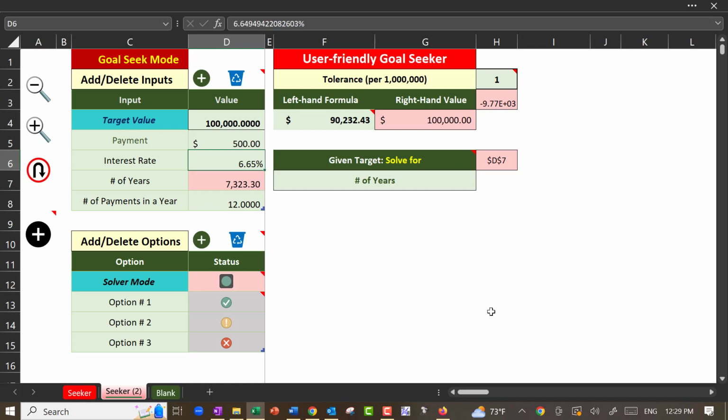But if the interest was 2.87, why didn't it solve for it? It should have solved for it. I'll look it up, but it should have solved for it.